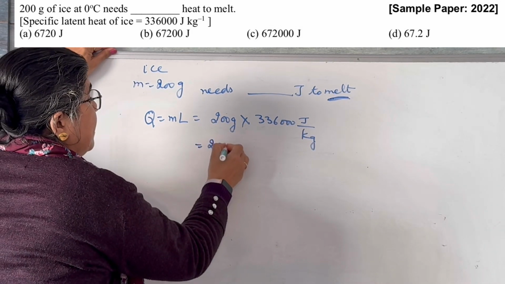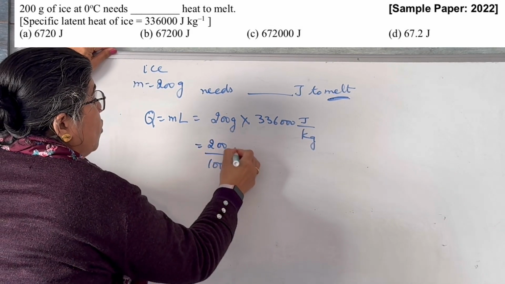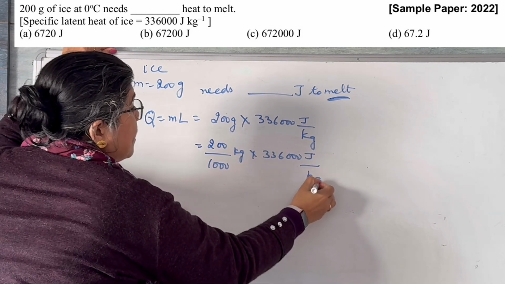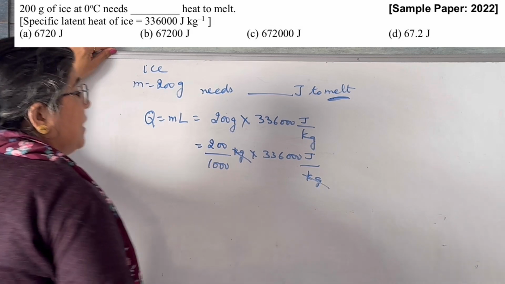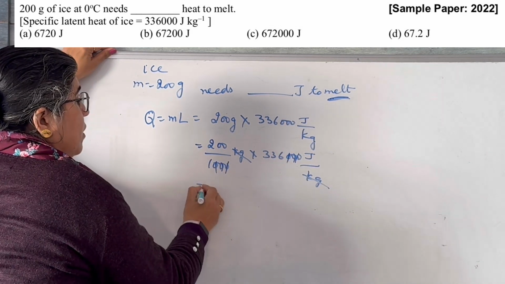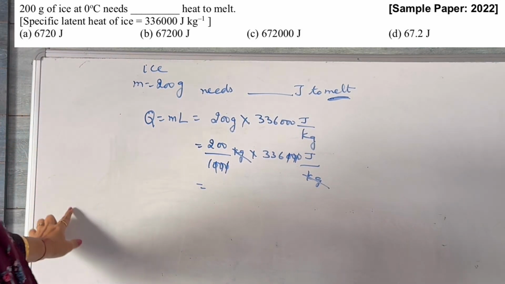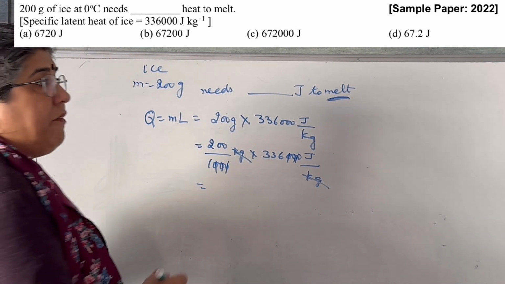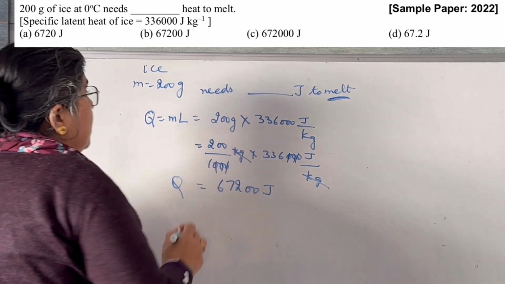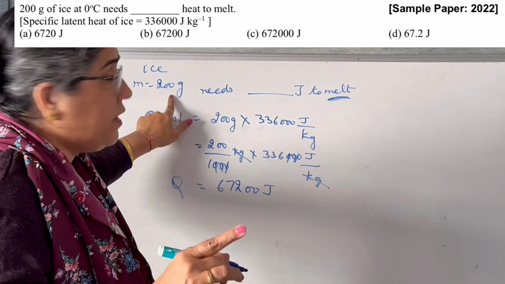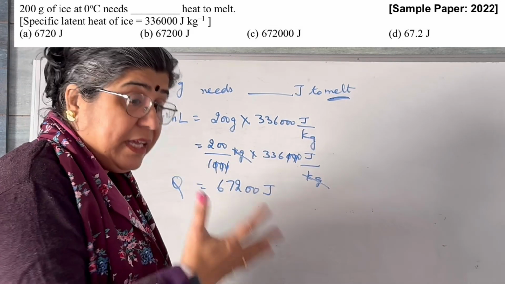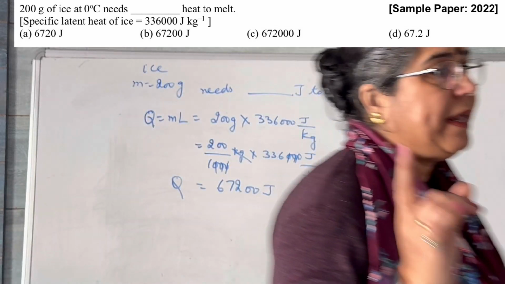So I will convert it to kg and then multiply by latent heat so that I can cancel kg. 336 into 200 is 672 with a double zero. This much joule. Please remember mass was in grams whereas L was given in joule per kg. Please see this carefully. The units will be dicey.